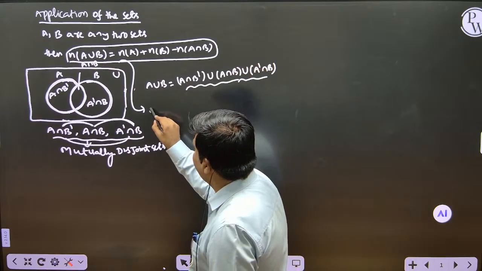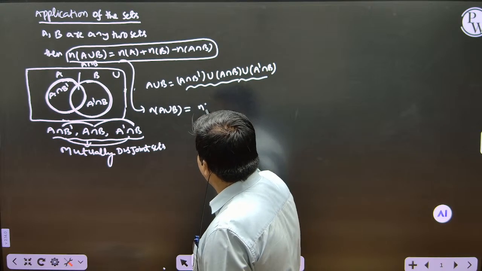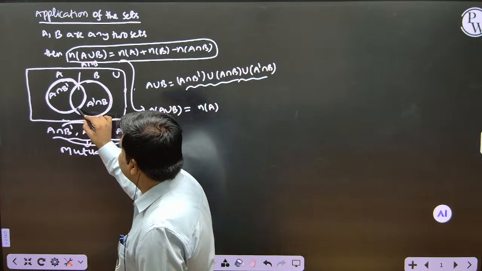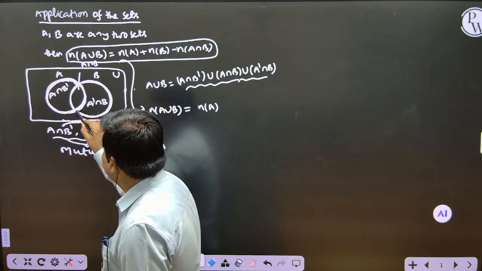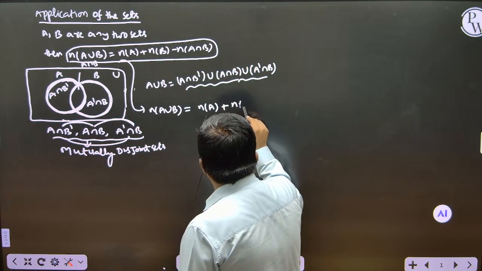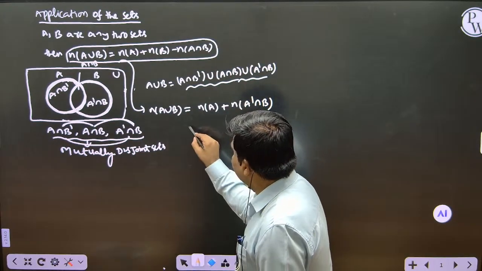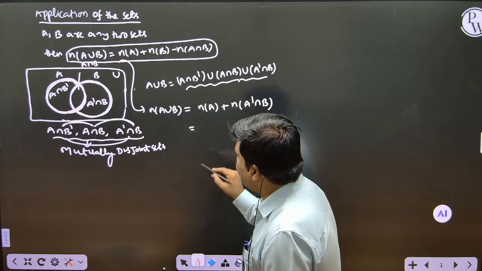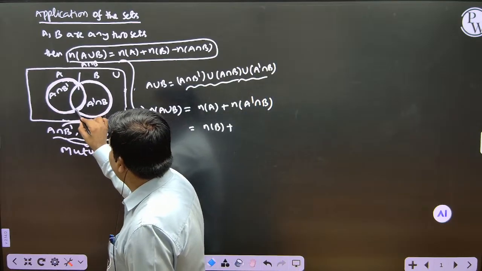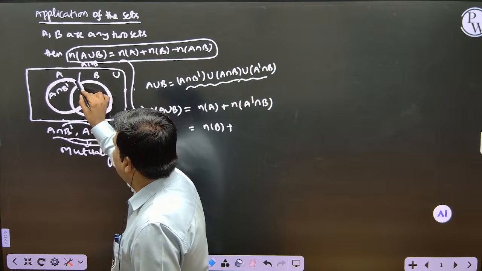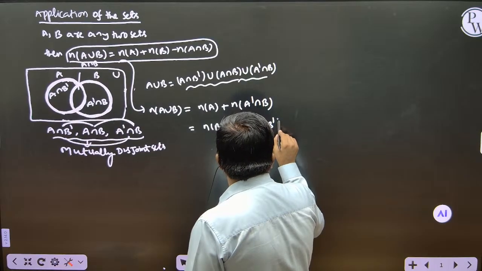So this n of A union B, from the Venn diagram, can also be written as n of A, meaning this total part, plus this part, which is n of A complement intersection B. And n of A union B can also be written as n of B, this total part, plus this part, that is n of A intersection B complement.